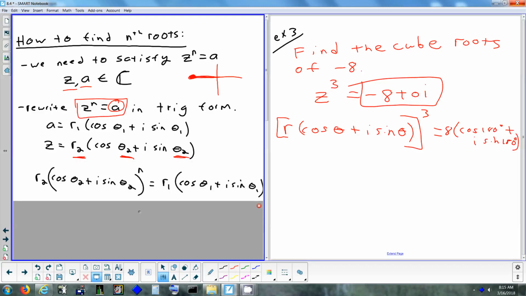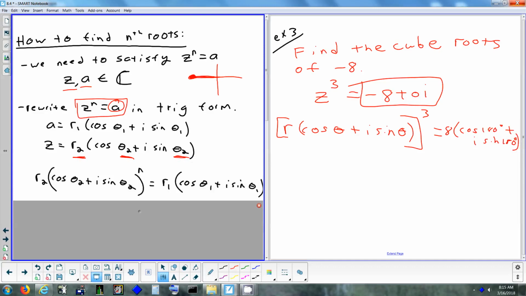So now, effectively, you have something like this, except in your problem, r1, theta 1 and n are all actual numbers. This is how it would look generically. That's why I think it makes more sense a little bit when you have the numbers. So now, at this step, you've got a left-hand side equals a right-hand side.